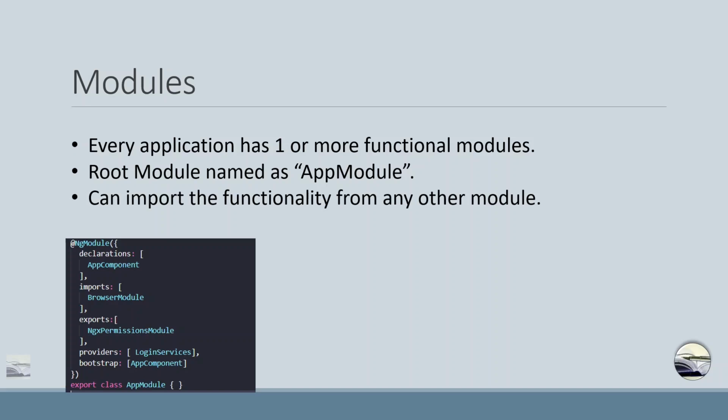Any module can import functionality from any other module, and it can also be exported to any other module to provide the functionalities. So any typical module comprises the @NgModule decorator, which accepts one argument, which is a JSON of declarations, imports, exports, providers, bootstrap.